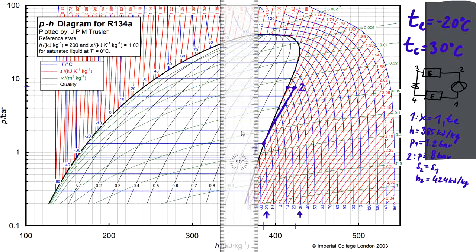And also we can see what the temperature will be. The condensation will be at the 30 degrees, but here we are right under 40, so something around 38.